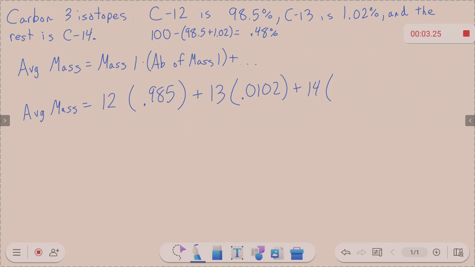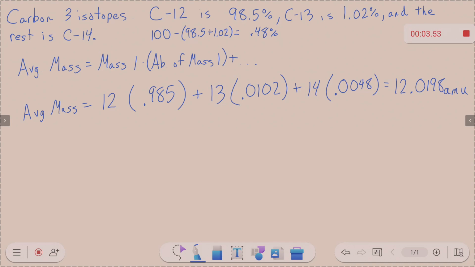But to get from a percent to a decimal, you divide by 100, or as you've probably heard in math, move the decimal 2 spots to the left. So if I do this, the average mass is 12.0198 AMU. And that's pretty close to the actual value on the periodic table, which is 12.011, I believe. So very close. It's close enough for us to understand that.